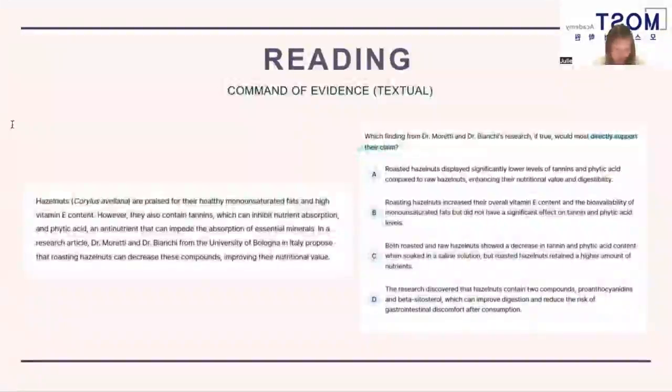If we read the whole text, it says hazelnuts are praised for their healthy monounsaturated fats and high vitamin E content. However, they also contain tannins, which can inhibit nutrient absorption, and phytic acid, an anti-nutrient that can impede the absorption of essential minerals. In a research article, Dr. Moretti and Dr. Bianchi from the University of Bologna in Italy proposed that roasting hazelnuts can decrease these compounds, improving their nutritional value.